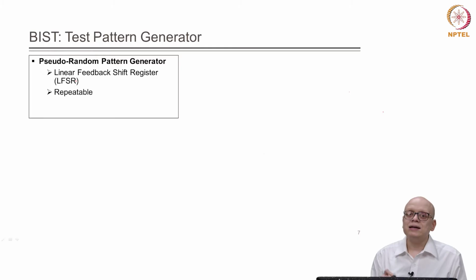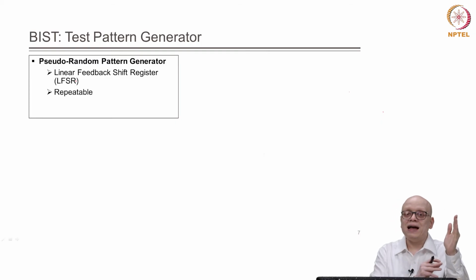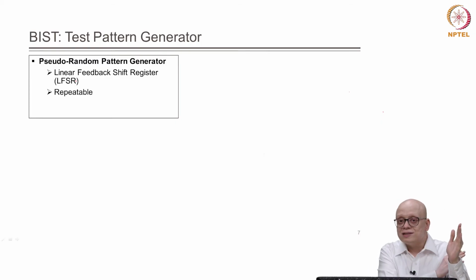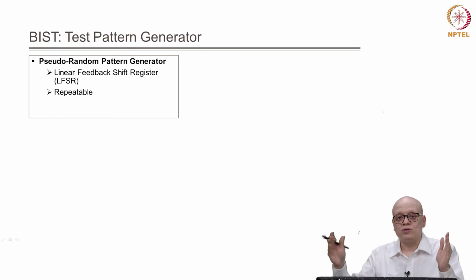The reason is that it is able to produce random test patterns that are repeatable, meaning that if the LFSR is given a starting value or seed, then from that seed it will always produce the same sequence in the next clock cycles and so on.